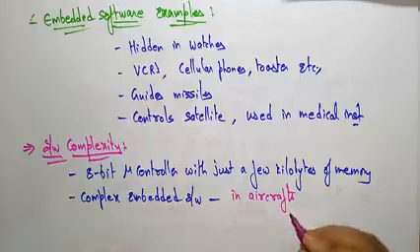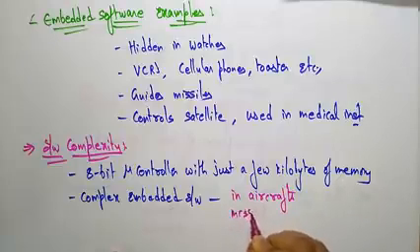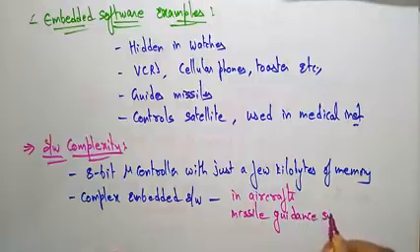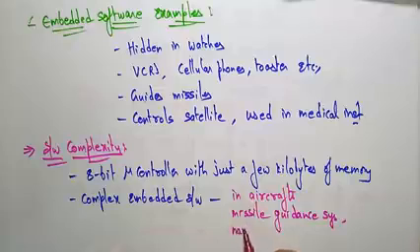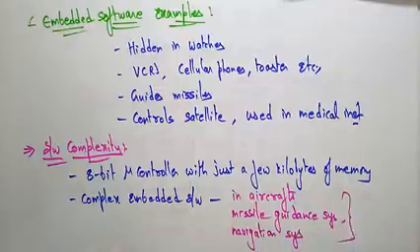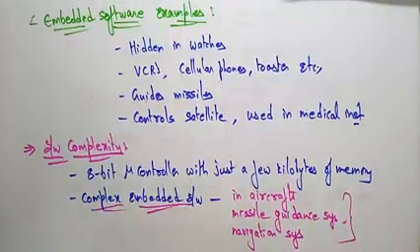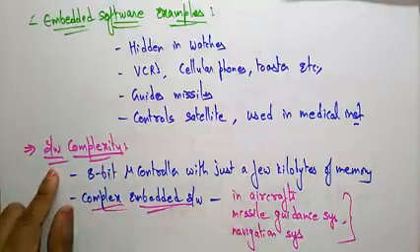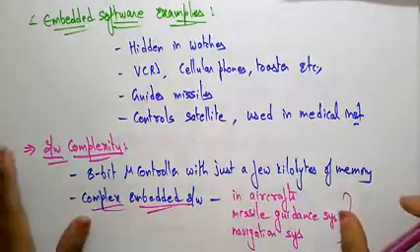Also in missile guidance systems, as well as navigation systems. In all these examples you require complex embedded software. So the software complexity can vary. It depends on the varying requirements and hardware platforms.